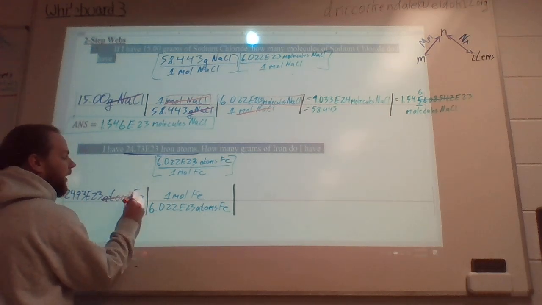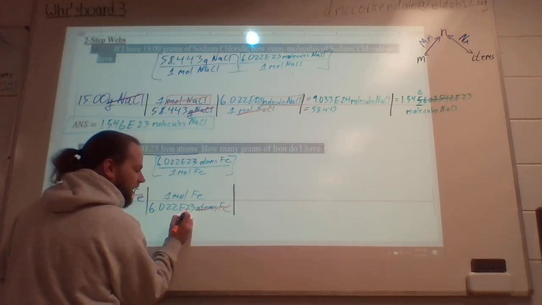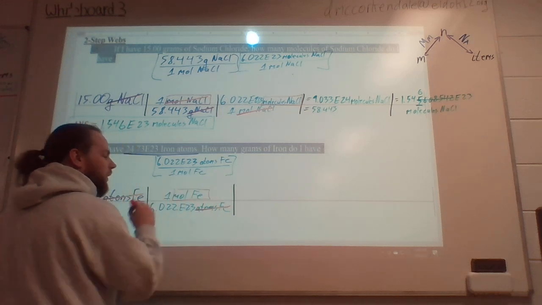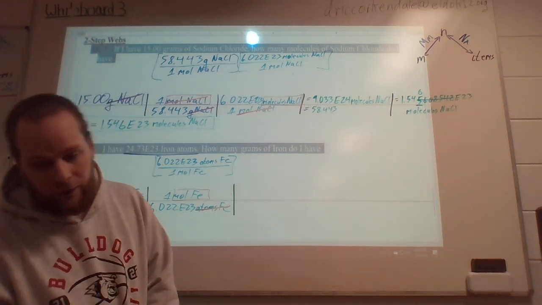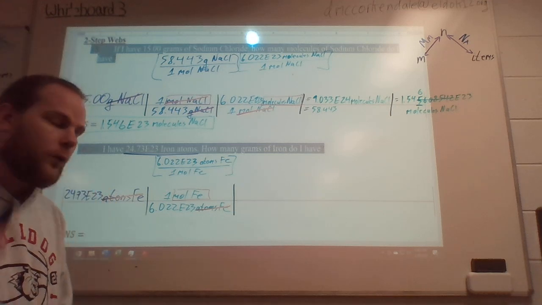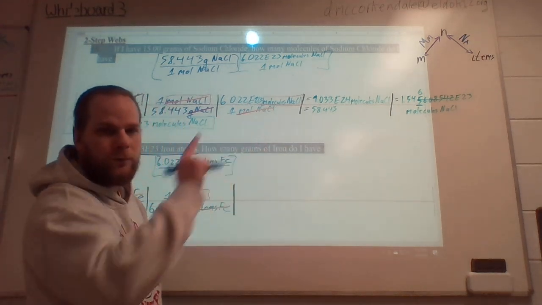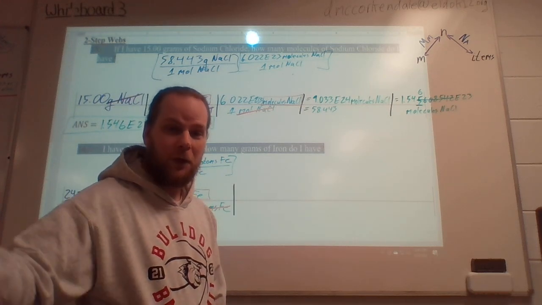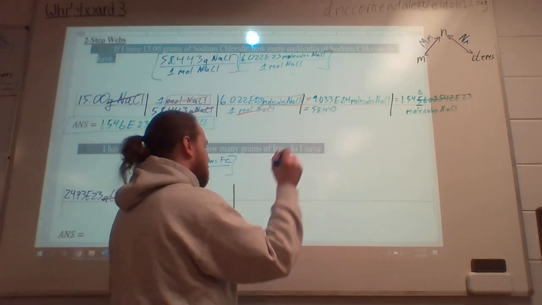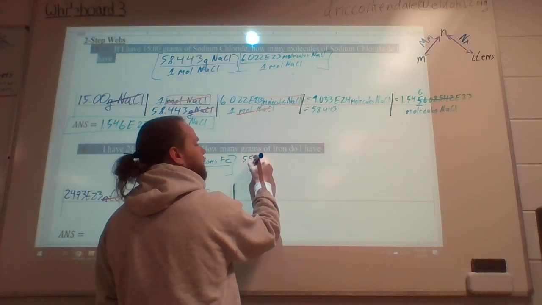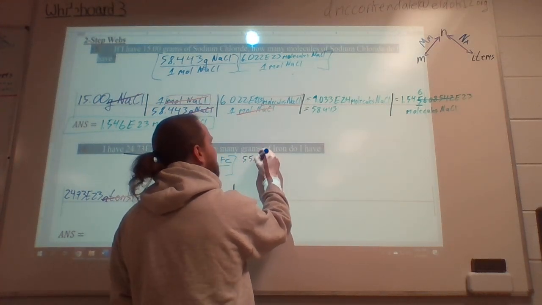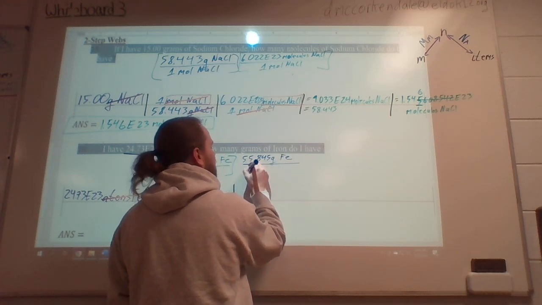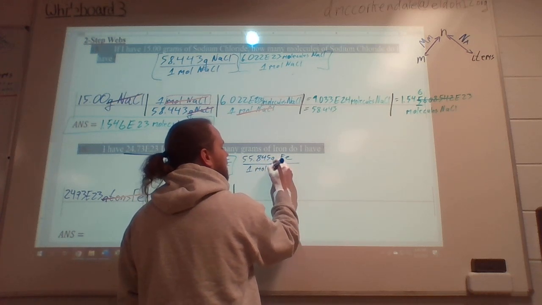So then our atoms cancel, not the E23, the atoms cancel, which puts us now in moles of Fe, but as said last time, moles of Fe is not actually what we want. We want grams. So now we need our molar mass. Now, this time, the molar mass is easy because it's an element. It's not a compound. So it's just whatever it is on the periodic table. So our molar mass is going to be 55.845 grams of Fe per 1 mole of Fe.